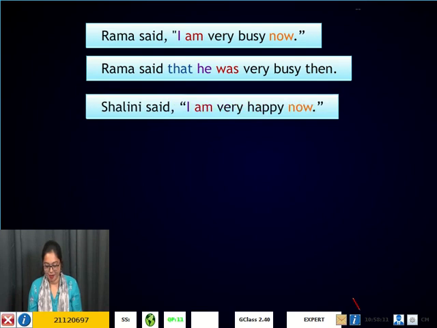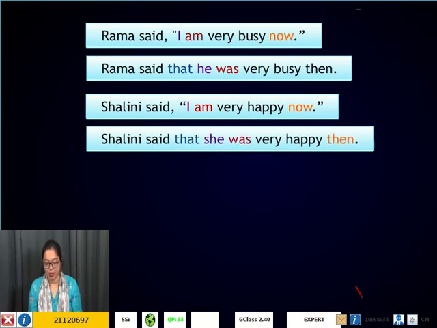Okay. Now have a look. Another example is coming up on your screen. Shalini said, "I am very happy now." This sentence is in direct speech, yes. Now let's see it converted into indirect speech.